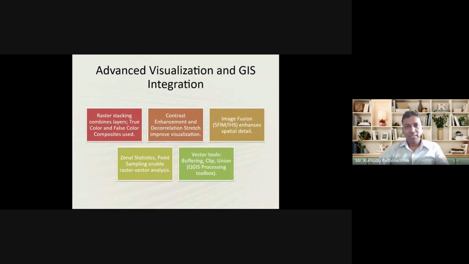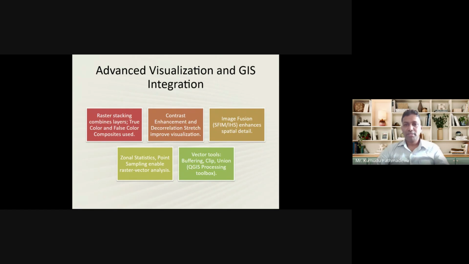So remote sensing data becomes much more powerful when integrated with GIS techniques like band stacking, true or false color composite, like we discussed earlier, contrast enhancement, and decorrelation stretch to improve visual interpretation. There are many techniques to improve the visual quality while using remote sensing images.